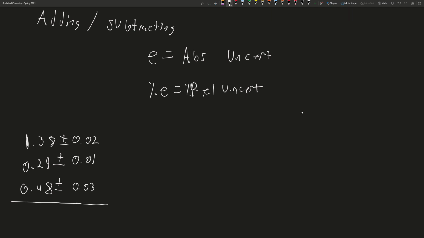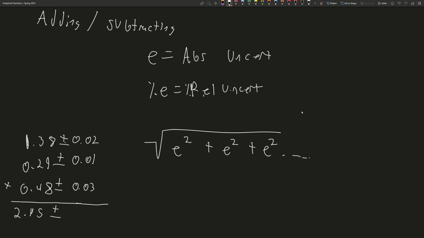We would add these first numbers together and get 2.15 plus or minus. We would not add the uncertainties together. Instead, what we want to do is the following. We will take the radical. We will take our absolute uncertainty squared, add it to the next absolute uncertainty squared, add it to the next absolute uncertainty squared, and so on.